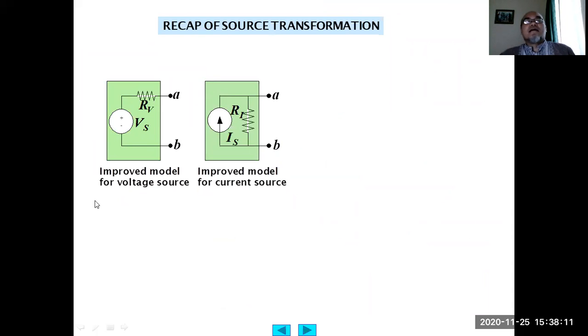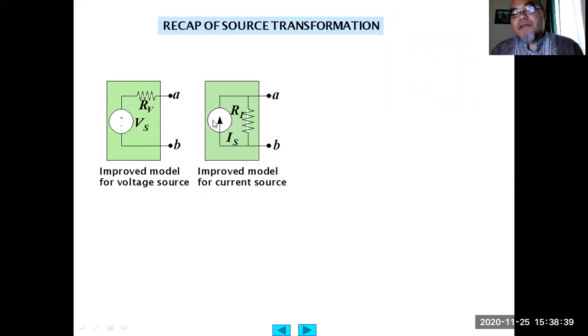Okay, so basically we can improve the voltage source model, which previously we always drew as an ideal independent voltage source without any internal resistance, to a voltage source in series with an internal resistor.